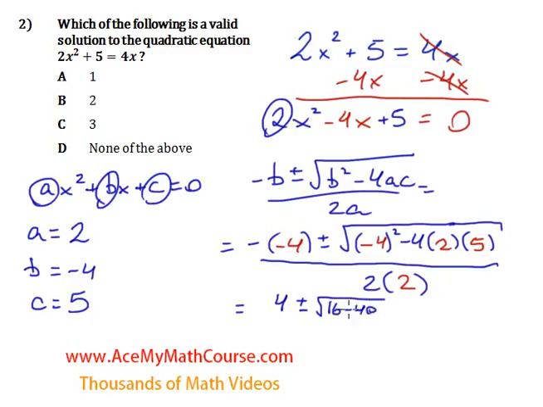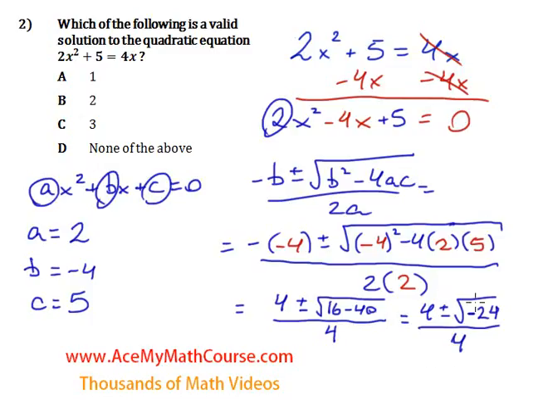So we have minus 40 all over 2 times 2, 4. Okay, so then we have 4 plus or minus the square root of 16 minus 40, which is negative 24 all over 4.